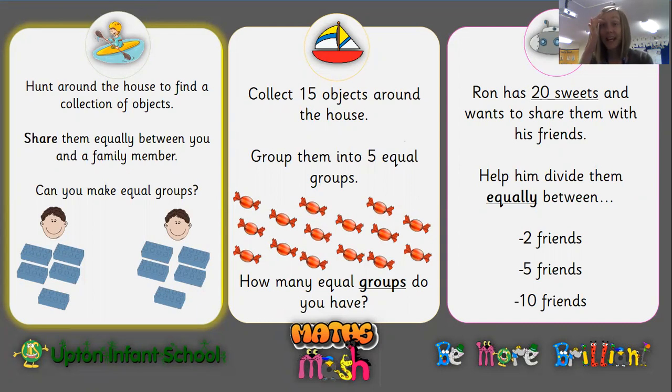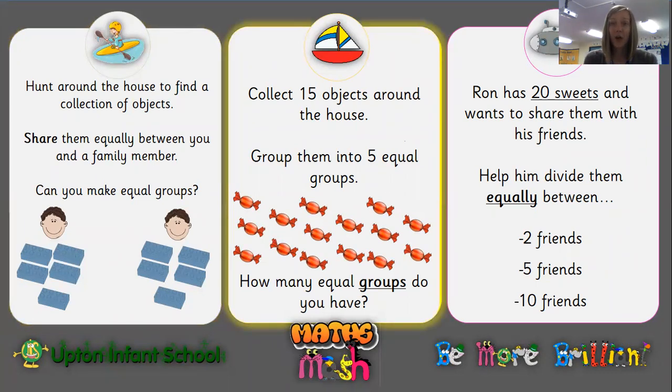And I want to see if you can share those objects between you and somebody at home. You could share them with your brother or your sister, your mum, your dad, your grandma. But you've got to make sure that if you share, they are equal. Your groups have to be the same. So you are sharing between 2 people.